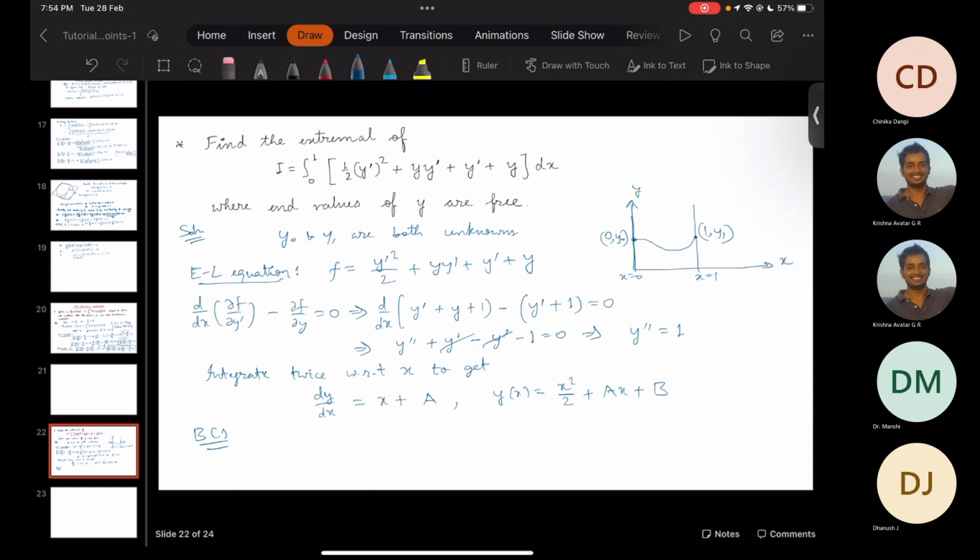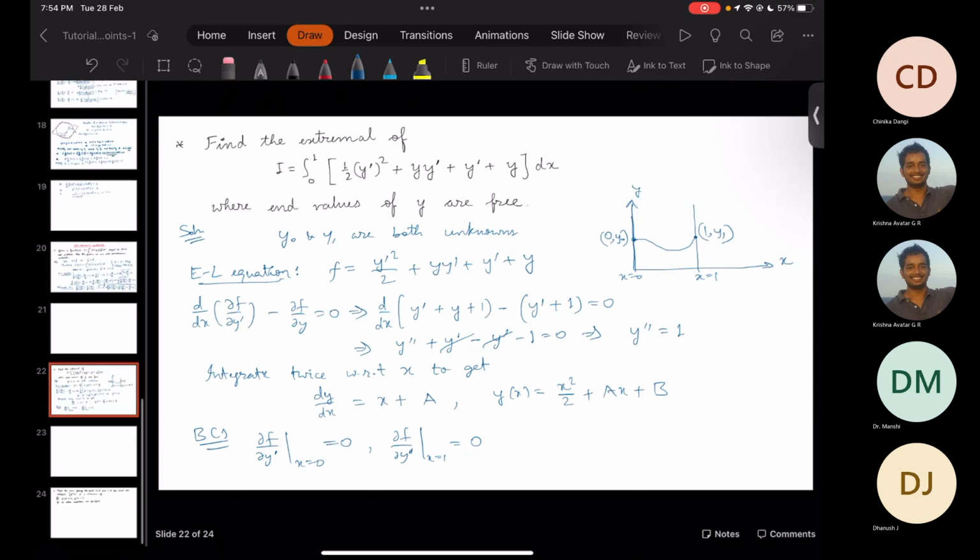For us, our conditions will be del f by del y prime at x naught, or in this case at x equals 0, has to be 0, and del f by del y prime at x equals 1 is also 0.